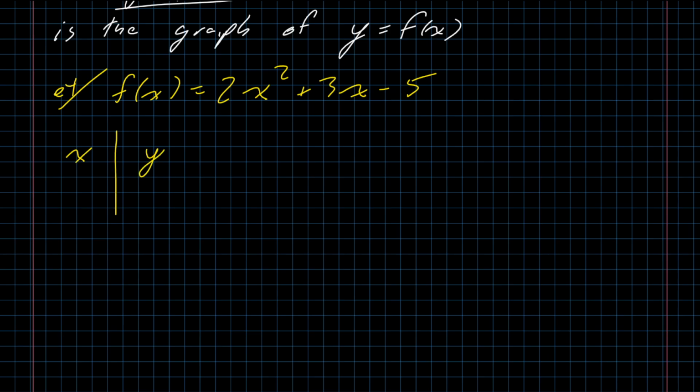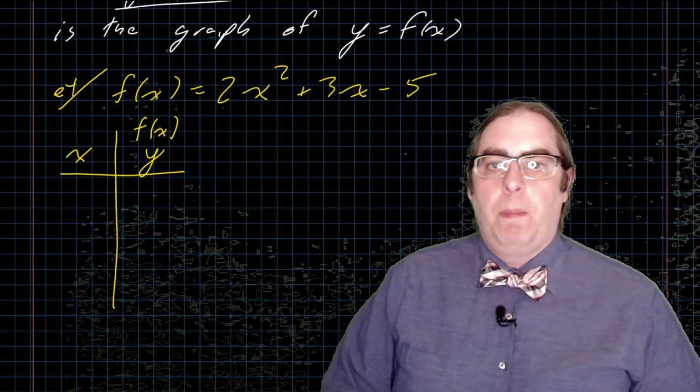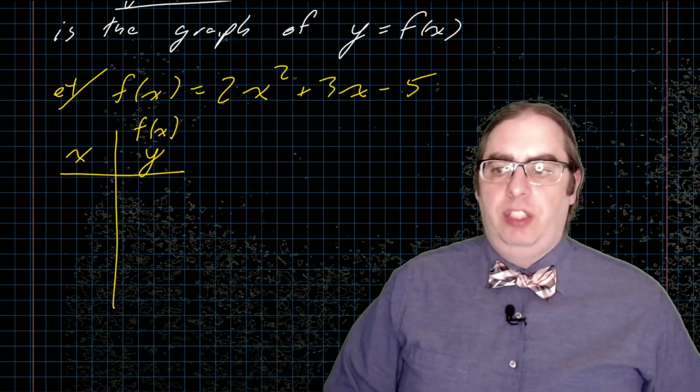In order to graph this function, I am going to start by creating a table of values. I'll label it as x and y. You could also label it as x and f of x. Either one is the same as far as the graph is concerned. And here we take advantage of one of the properties of functions. Every domain value is linked to exactly one range value.